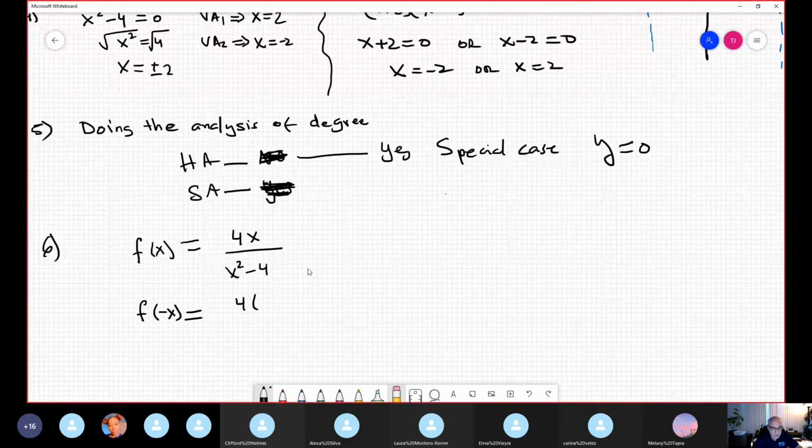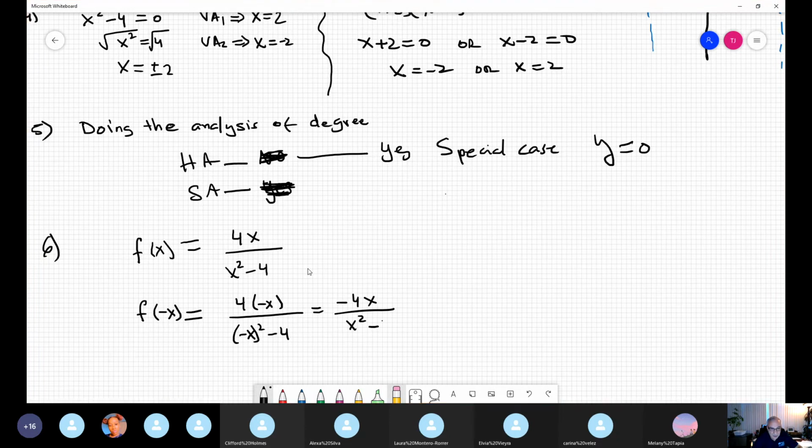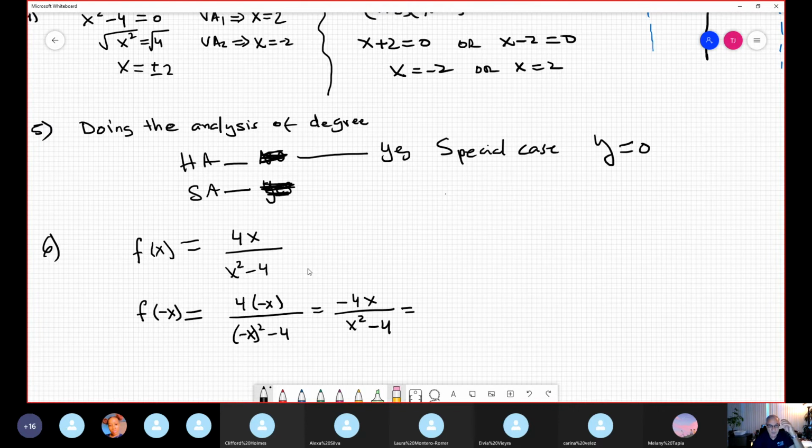It's 4 times negative x divided by negative x squared minus 4. 4 positive times negative x is negative 4x, and this squared is positive, so it stays the same. I can see now that this expression and the original look similar, except that we have a negative here, and I want to put it in the front to see it much better.